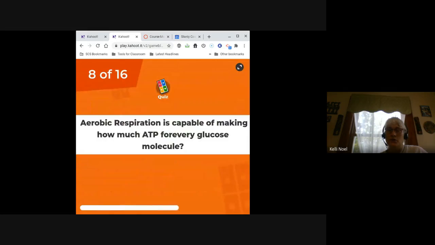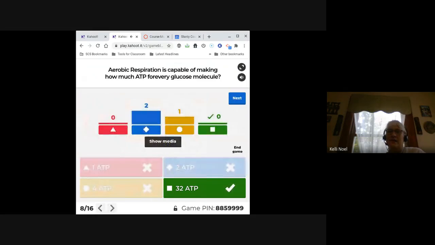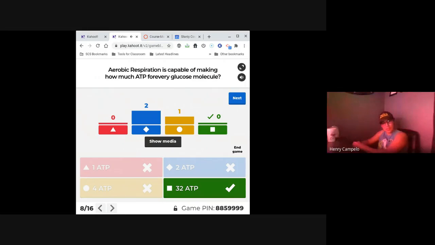Aerobic respiration, aerobics with oxygen, is capable of making how much ATP? This is what you guys wanted to pick a while ago. All right. And nobody picked it this time. 32 ATP.